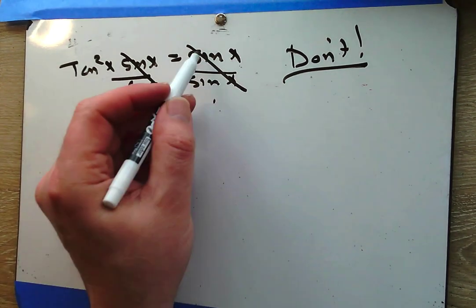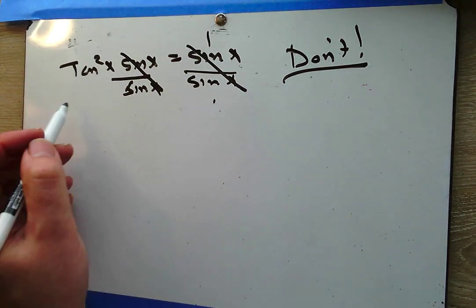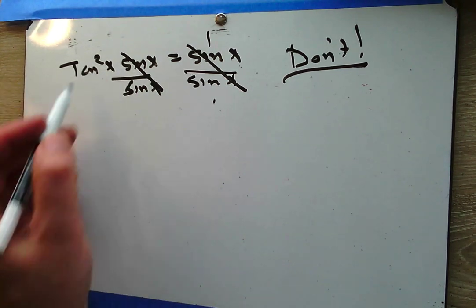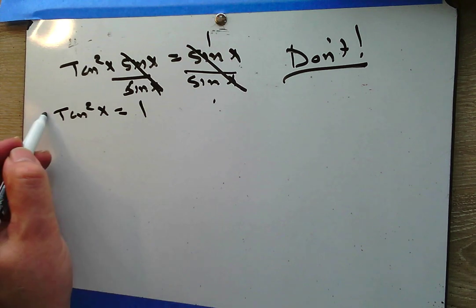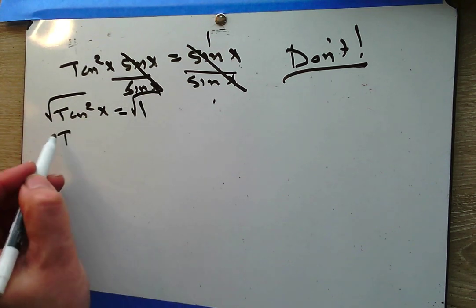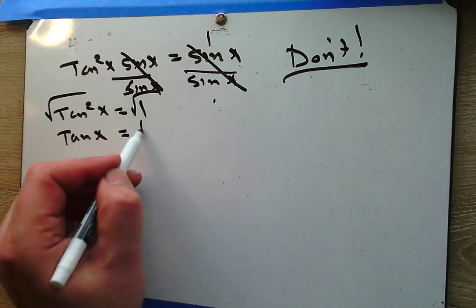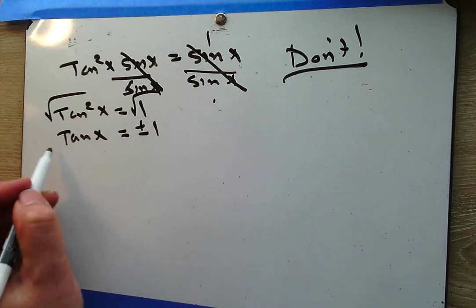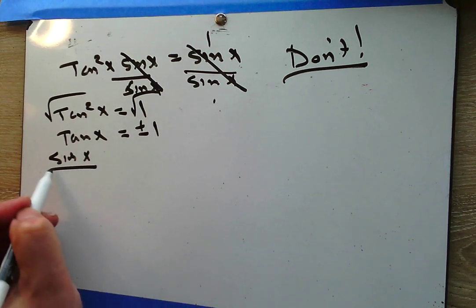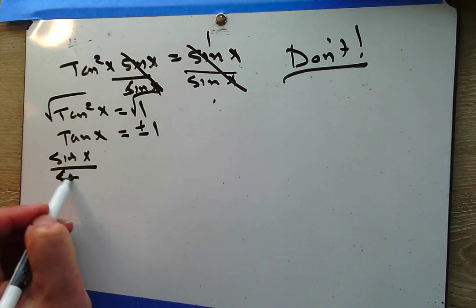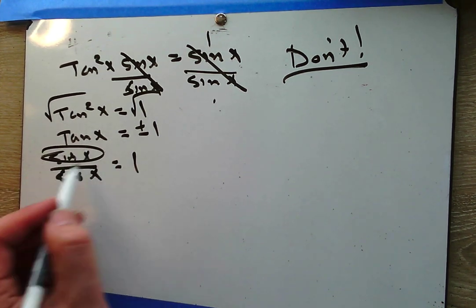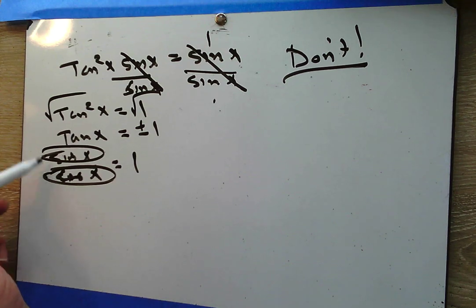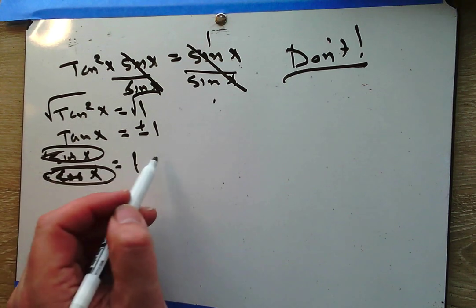Okay, so sine divided by sine would be 1, and these would cancel, and so I'd have tangent squared x equals 1. I take the square root of both sides, I get tan x equals plus or minus 1. Tangent x equals 1 when sine over cosine equals 1. Well, what has to be true about these two values if when I divide them, the result is 1?